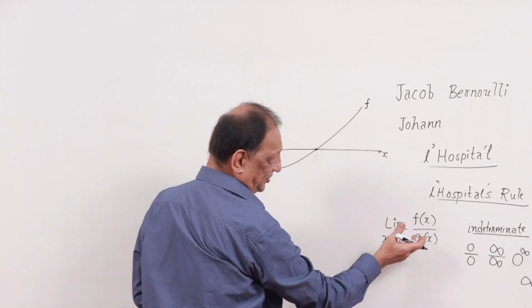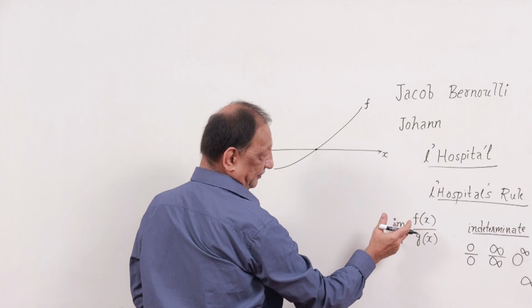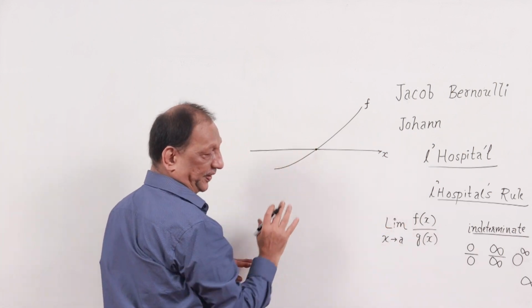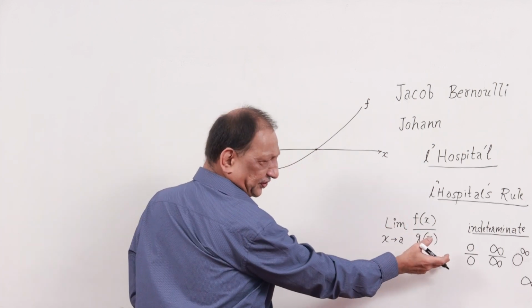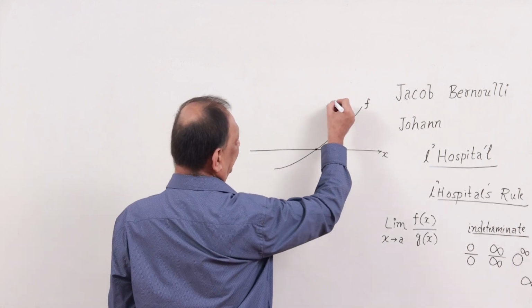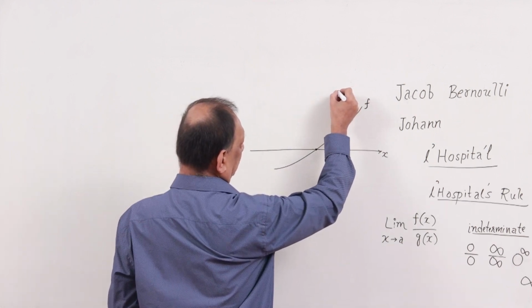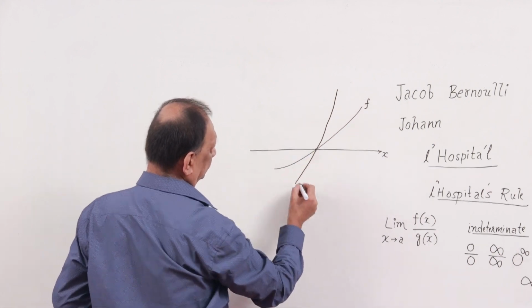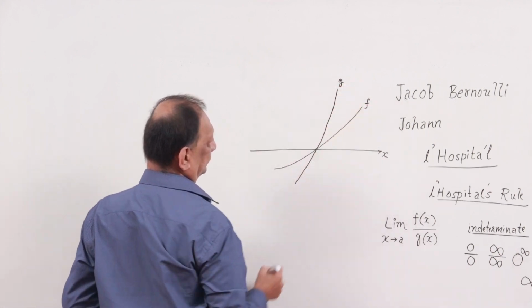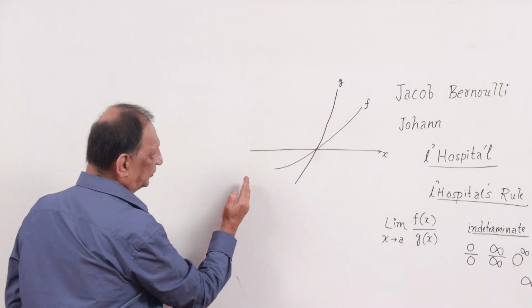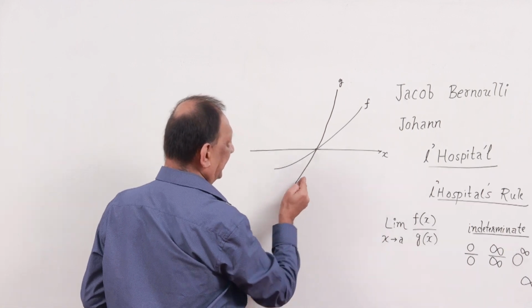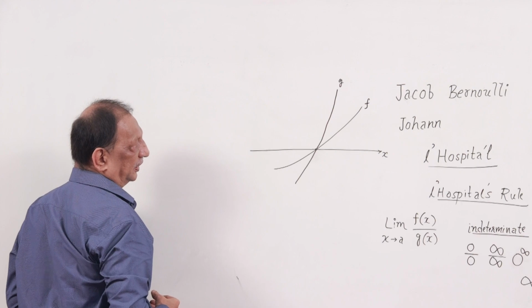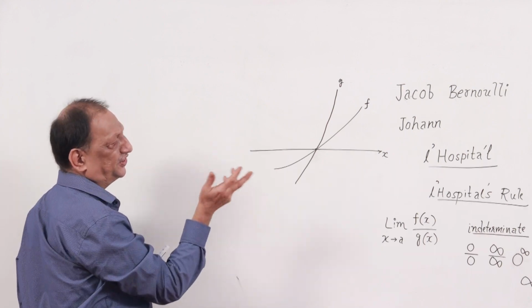That's what I'm saying: the limit of f(x) when x tends to A is 0. G also the same. So this is G. As x increases across A, it hits 0 and goes ahead. Now the question is, what about this ratio f by g?